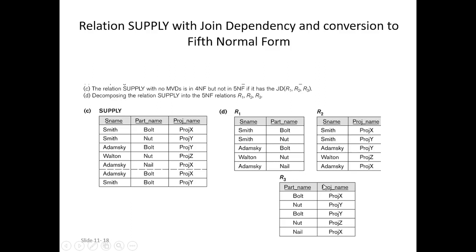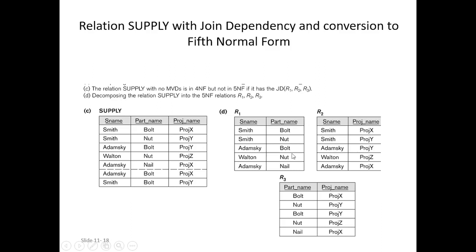If this constraint holds, the tuples in these relations must exist in a legal state of the supply relation. We can say that supply, with the join dependency, is decomposed into three relations R1, R2 and R3, and each of these is in 5NF.